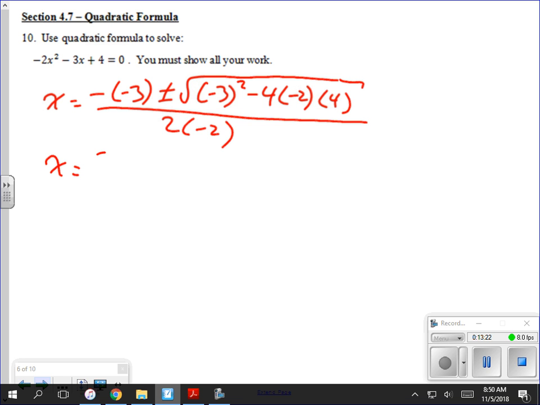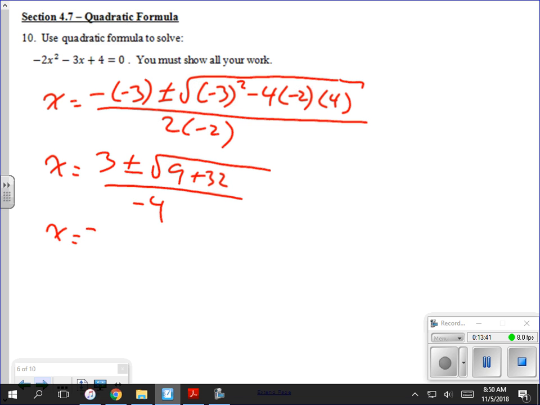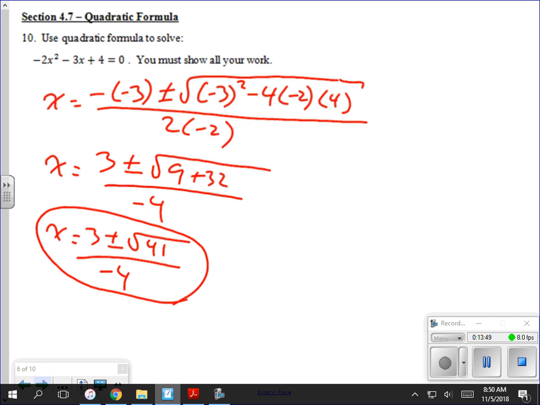x equals 3 plus or minus the square root of 9. 4 times 2 is 8. 8 times 4 is 32, and I have 2 negatives, so that's plus 32, all over negative 4. x equals 3 plus or minus the square root of 41 over negative 4, and that's it.